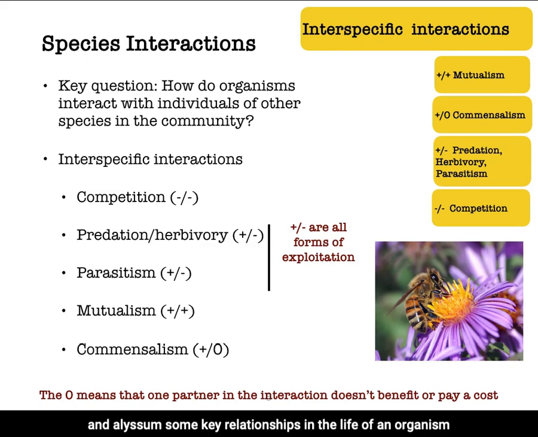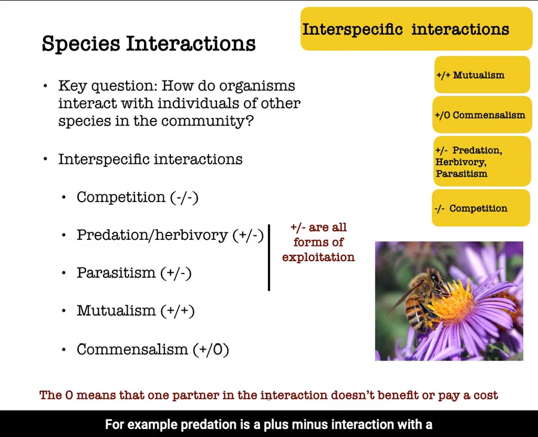Some key relationships in the life of an organism are its interactions with individuals of other species within the community. These are your interspecific interactions. These interactions between members of different species can be defined according to whether or not they have a positive or negative effect on survival and reproduction.